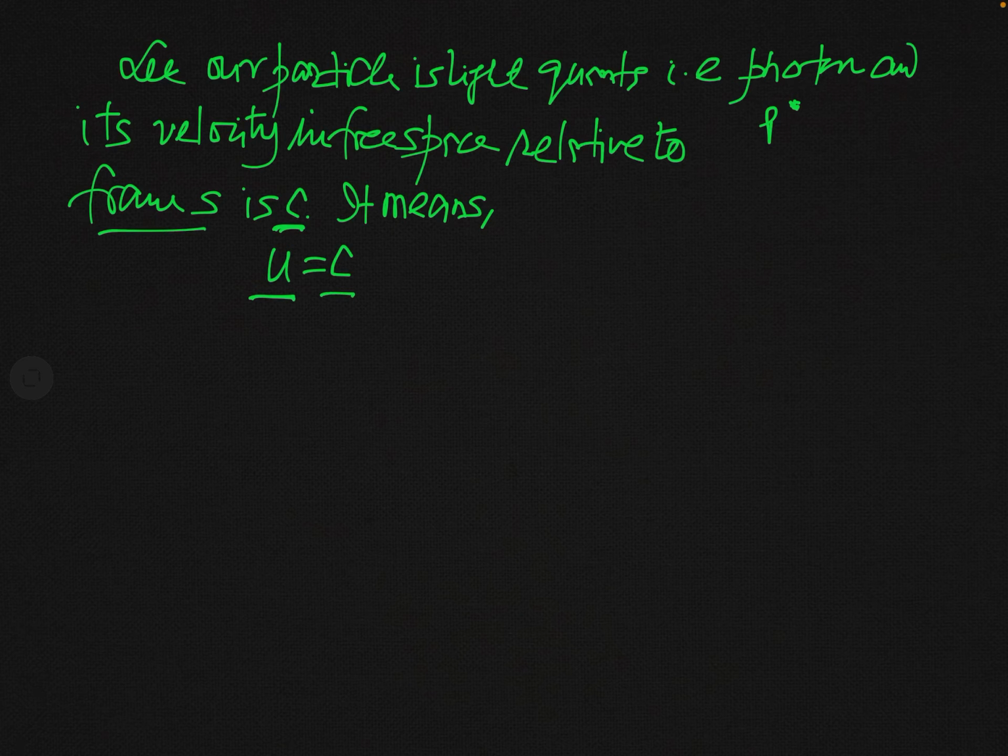In accordance with Galilean velocity transformation, the velocity of photon in another inertial frame will be different. But you can see here that in accordance with our relativistic velocity transformation equation, you will find that velocity of photon in frame S prime will be again equal to c. But how? You can see here.